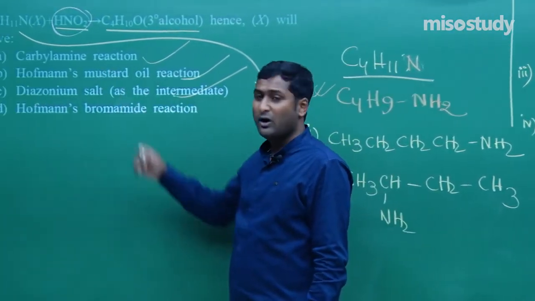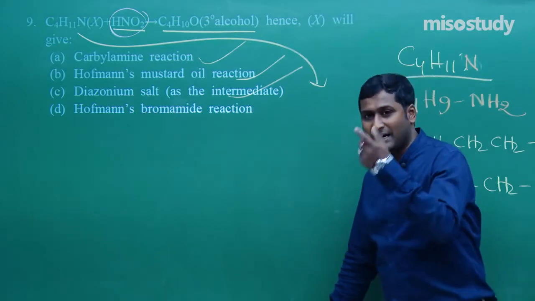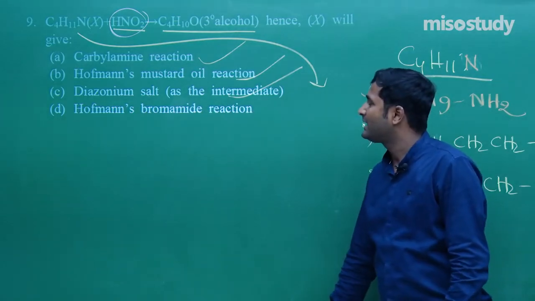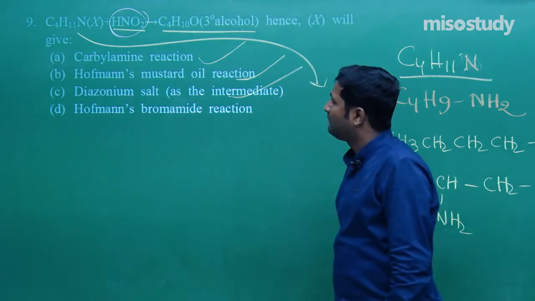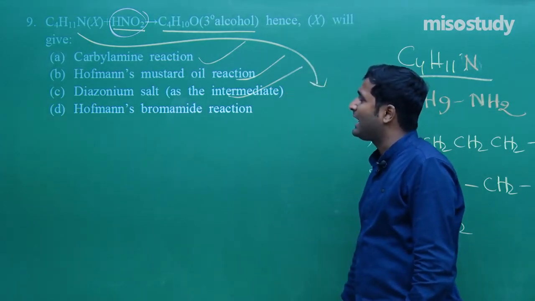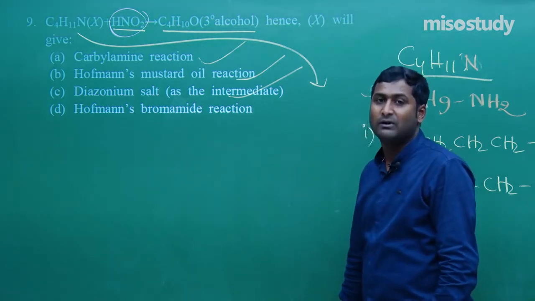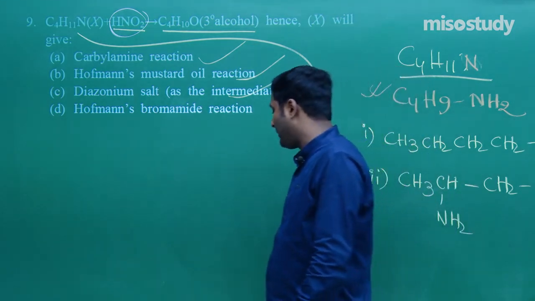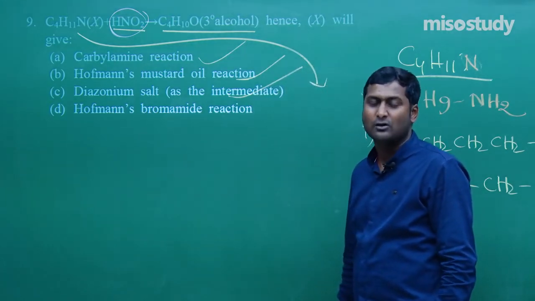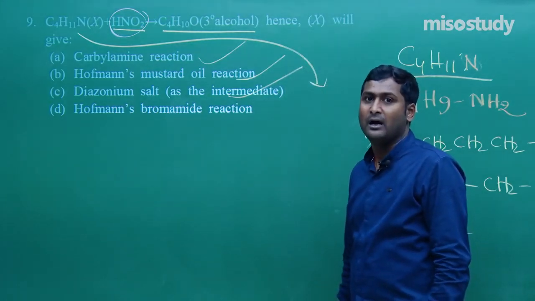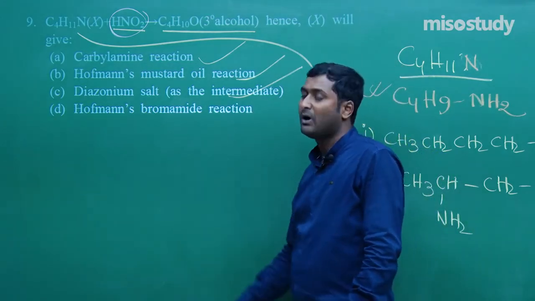So we can easily observe that the amine is a primary amine, so it can give carbylamine reaction. It can easily give Hofmann mustard oil reaction and diazonium. Hofmann bromamide reaction is for amides: treatment of an amide with Br2 and NaOH or alkali gives you an amine. Conversion of amide into amine is known as Hofmann bromamide reaction.